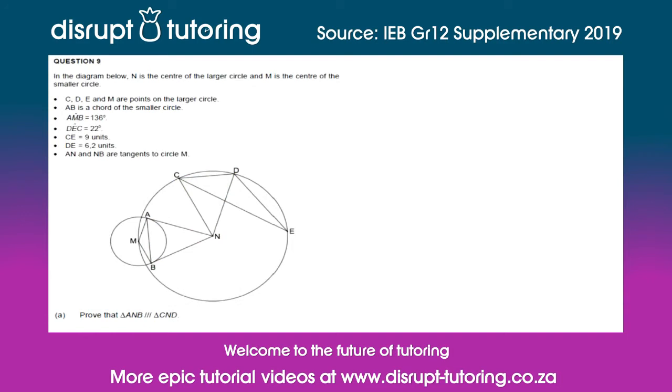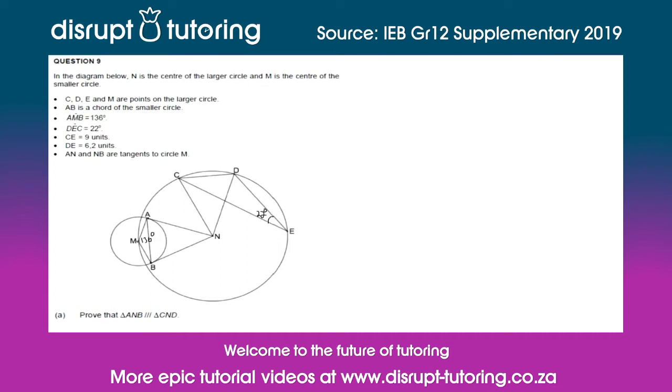So from the information they've given us, let's start writing some of that down. So we have here that angle AMB equals 136, because that's given. They've also told us that this angle over here equals 22 degrees.